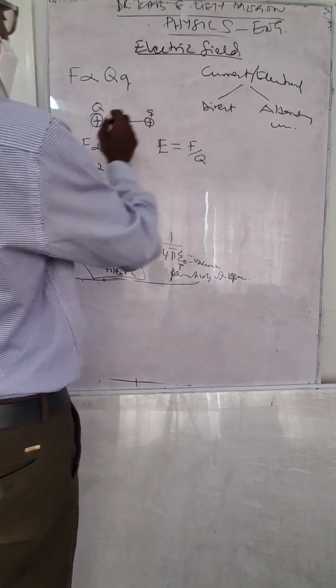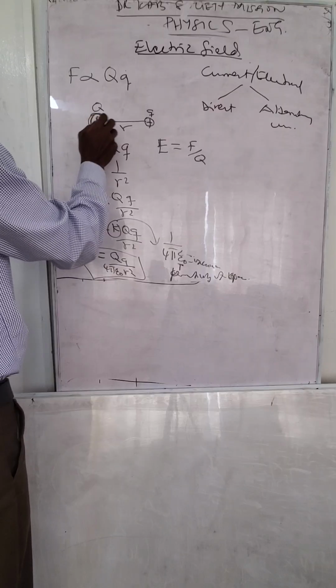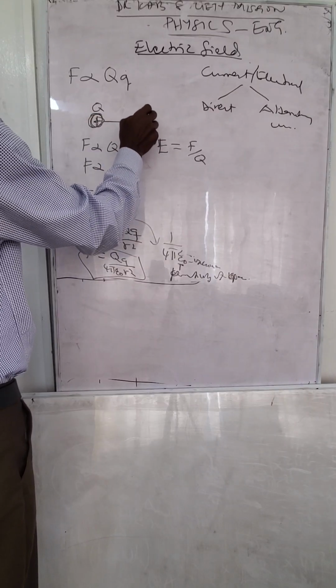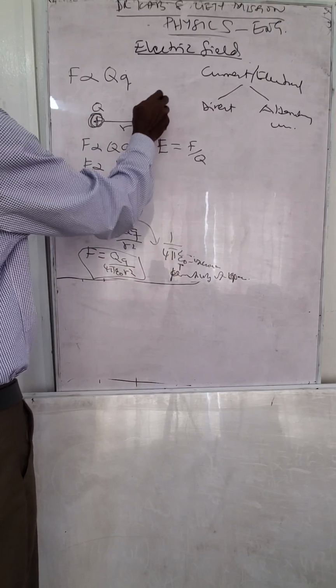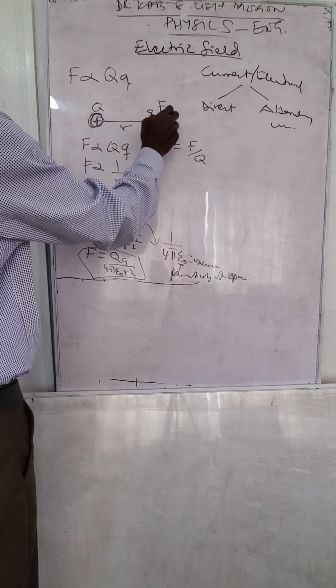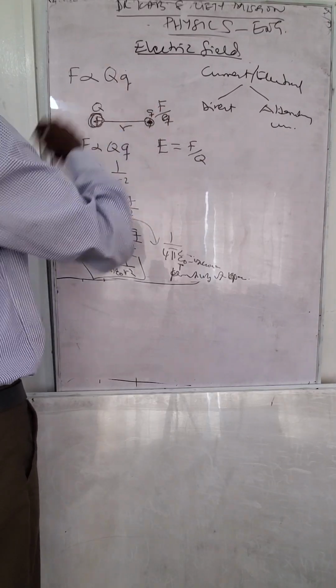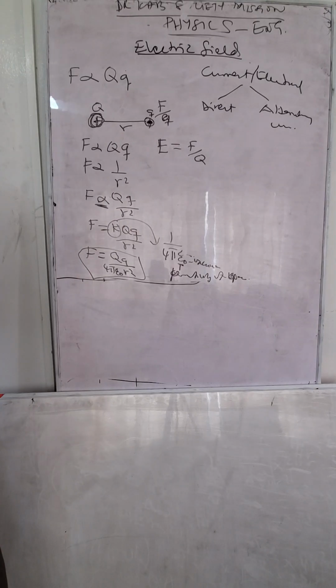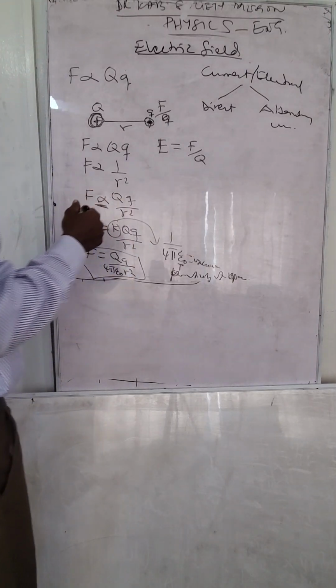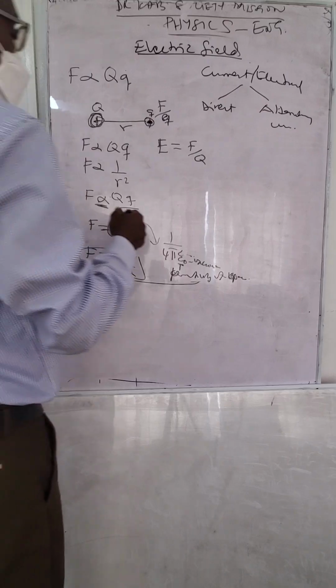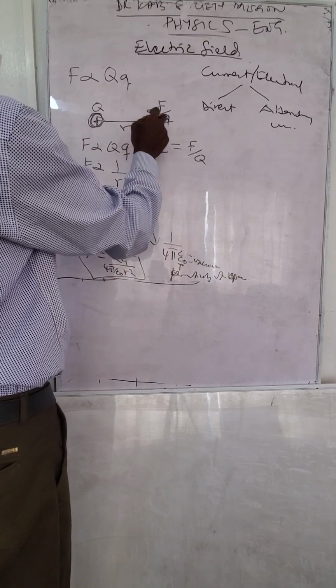If I have this charge here, this is the charge of reference. If I want the electric field intensity here, it is the force here divided by the unit charge, the charge that we put there. So that is qualifying the force per charge here.